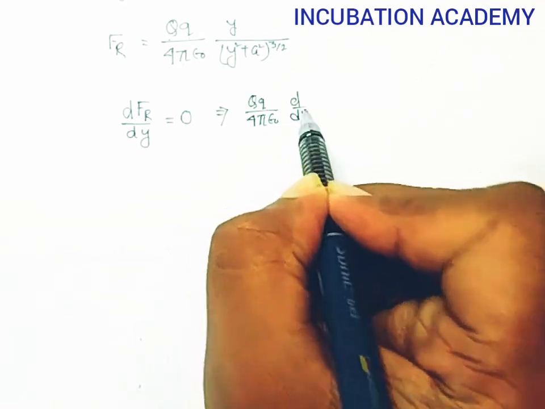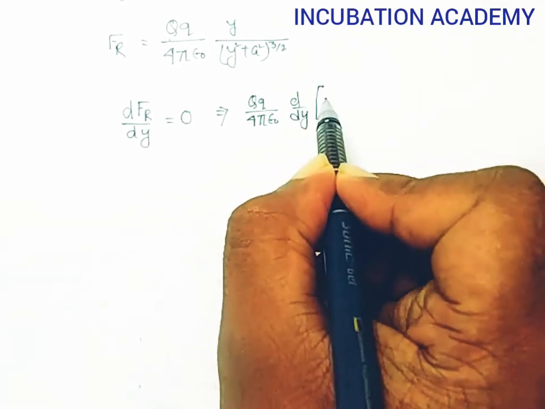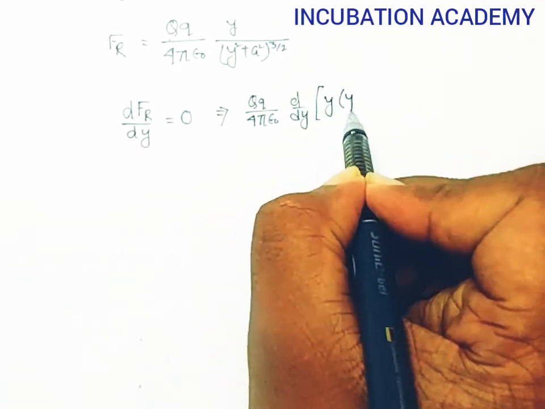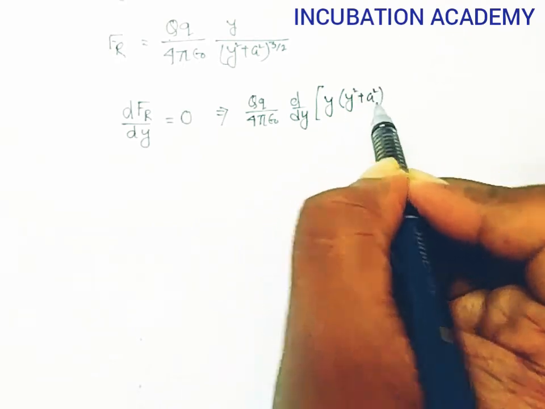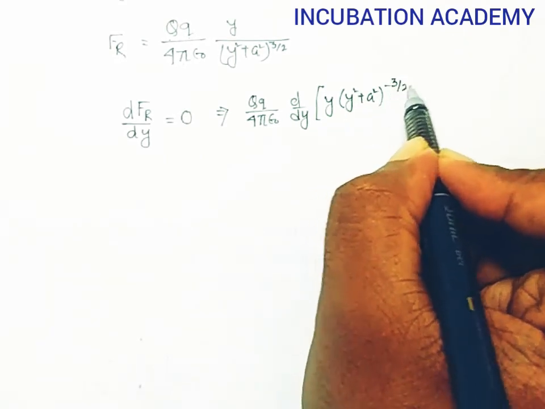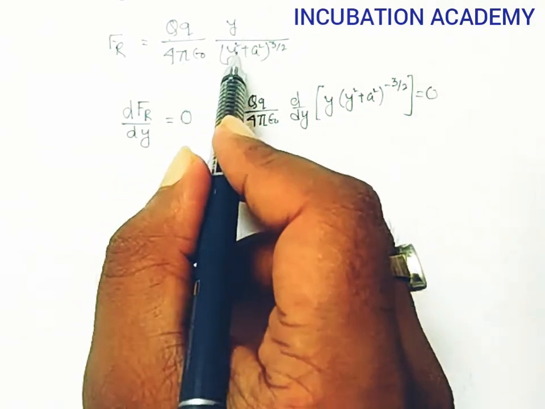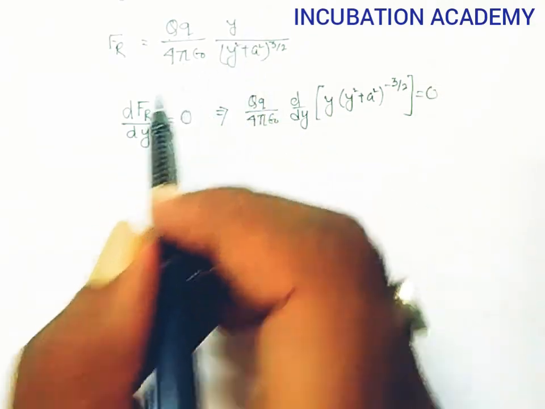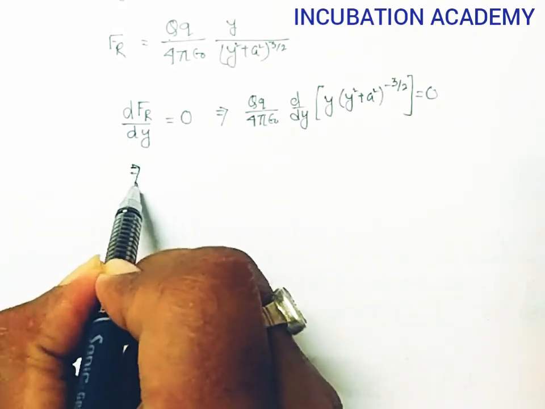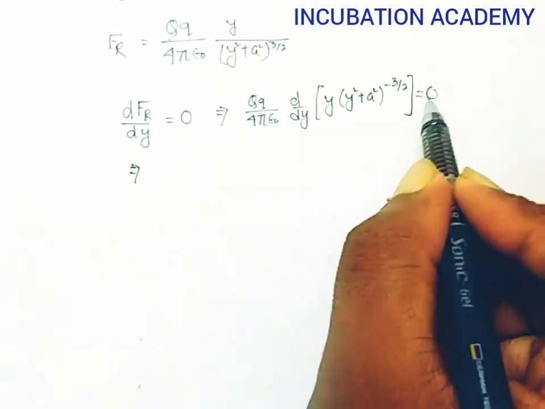Then the differentiation takes over the function y times y square plus a square to the power minus 3 by 2, equal to 0. I am taking the term in the denominator to the numerator.